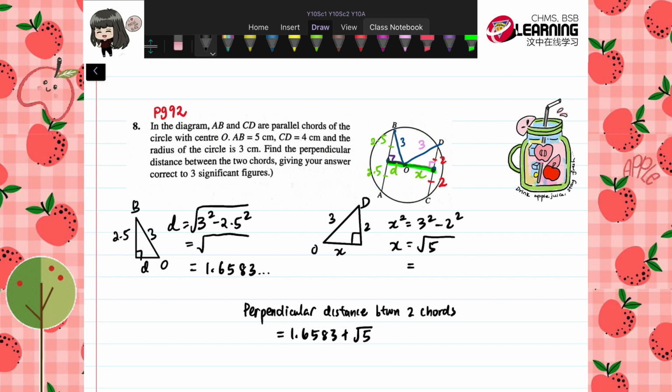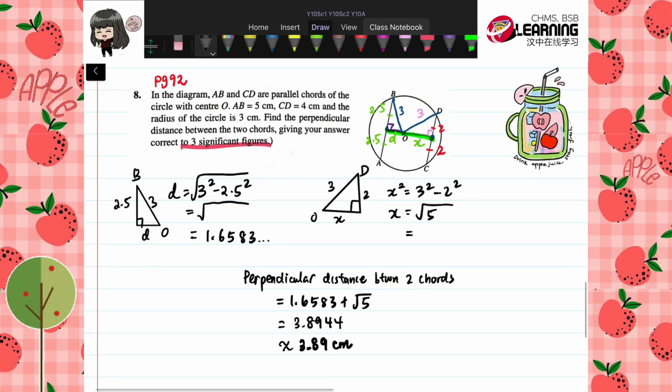You fill in on your own. So this one you will get 3.8944. The question says 3 significant figures, so 3.89 centimeters. Okay, that's all.